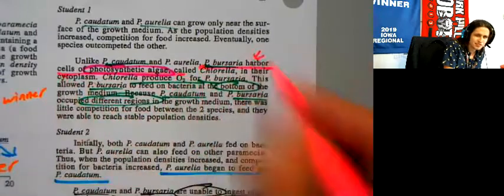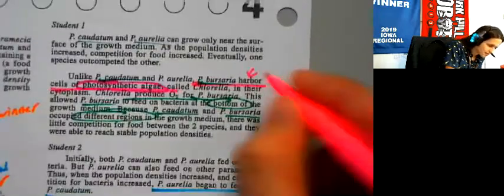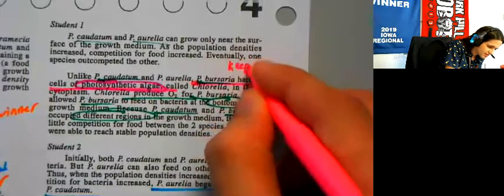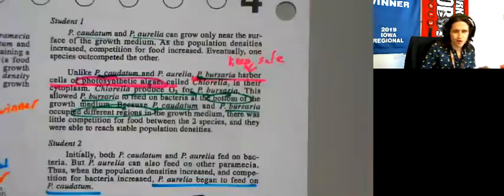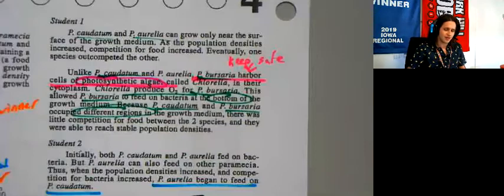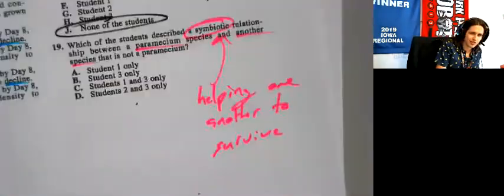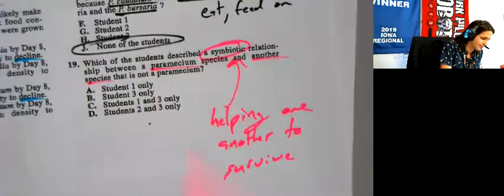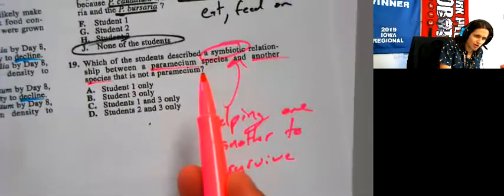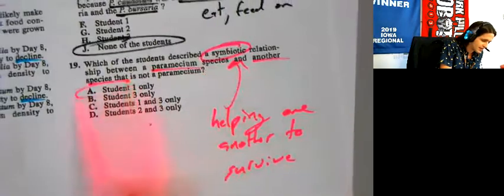It means like keep it safe inside. Keep safe. That sounds like they're working together. So I'm going to go with student 1 because they're hosting within them, or harboring. Hosting just would make you think it's a parasite. They are harboring within them another species. Student 3 doesn't talk about any such alternative species.